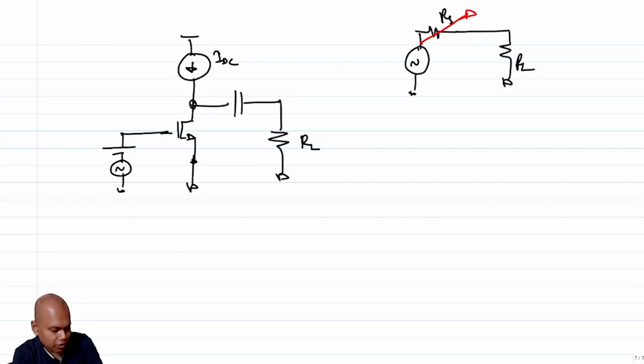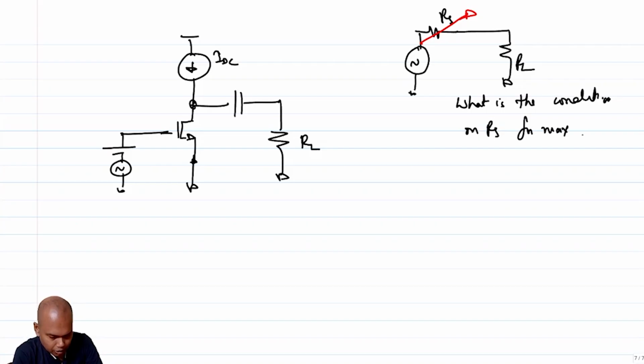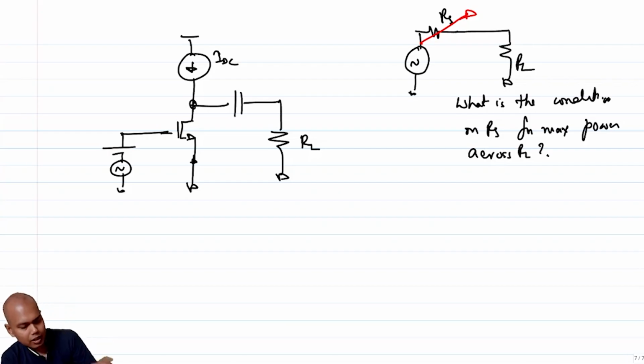What is the condition on RS for which I will be able to deliver maximum power across RL? Clearly this condition is RS equal to 0.